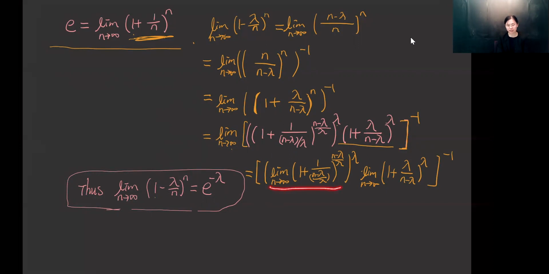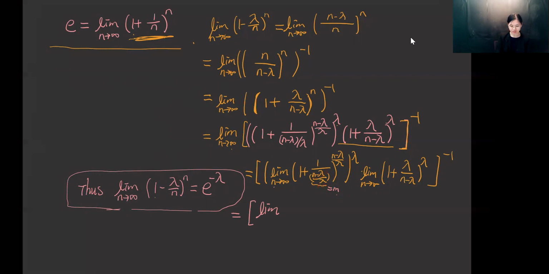I'm going to do a change of variable and define (n minus lambda) divided by lambda as m. So inside we have limit n goes to infinity, which implies that m also goes to infinity because m equals (n minus lambda) divided by lambda, where lambda is a fixed positive number.